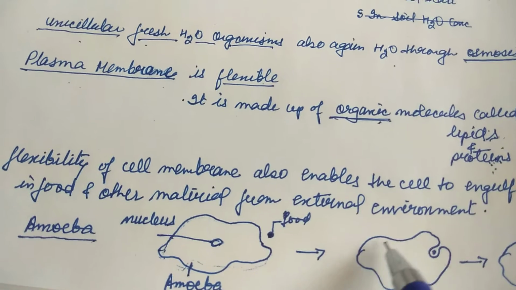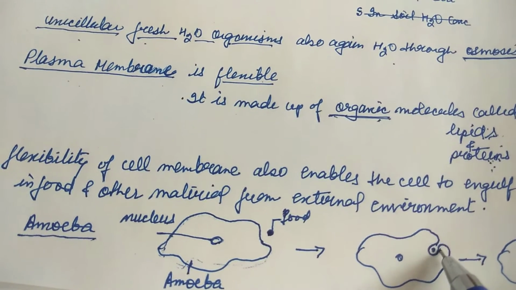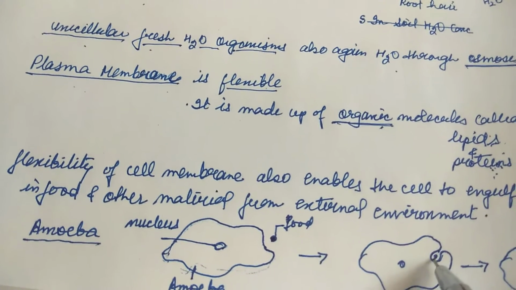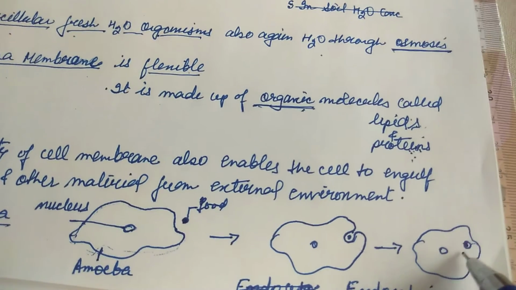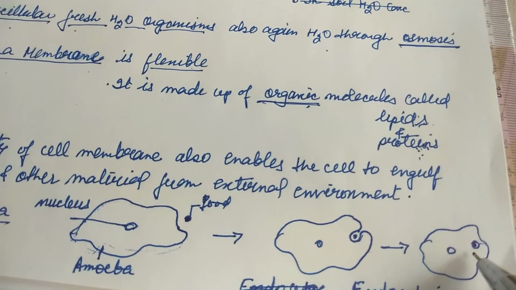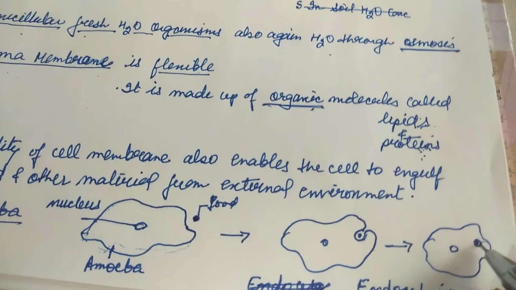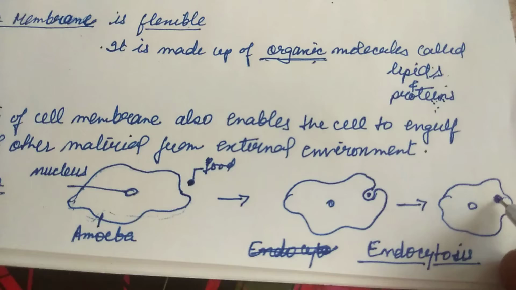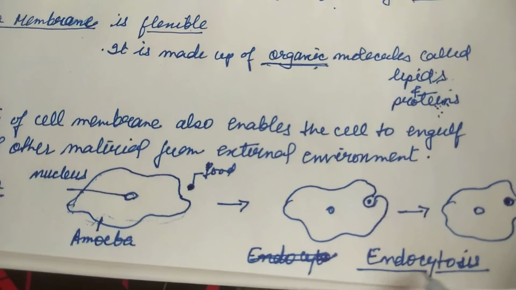Because of the flexibility of this plasma membrane, this amoeba can surround this food and pinch it off inside the cell. Right? Now this is the food vacuole, and this is the way it takes food from the external environment because of the flexibility of the plasma membrane, and this process we call endocytosis.